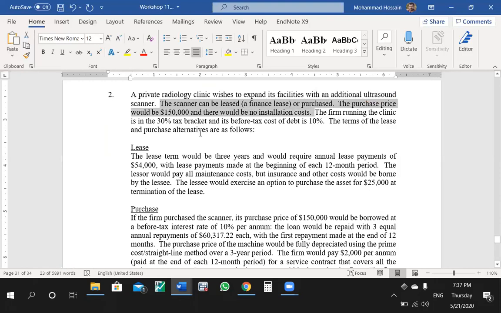The firm running the clinic is in the 30% tax bracket, and its before-tax cost of debt is 10%.